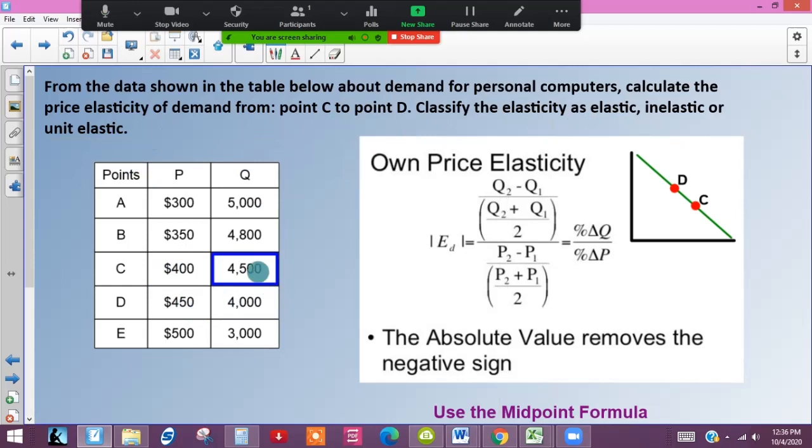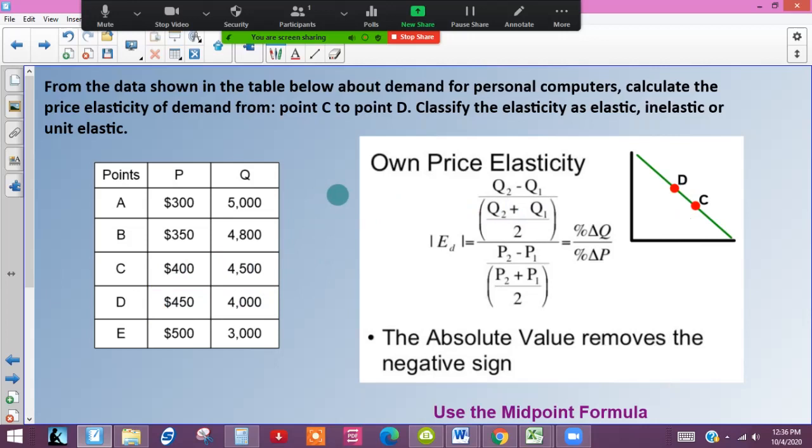So from this, we know that we're moving up the demand curve to a higher price and a lower quantity demanded, okay? So we just want to take these numbers and plug them into our formula for the price elasticity of demand, or we can also say own price elasticity.